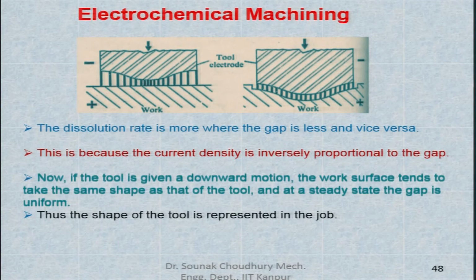I will once again repeat that electrochemical machining is one of the most popular processes, where the mechanism of material removal is by electrochemical dissolution. And as we have seen, in electrochemical machining material is removed from the workpiece and nothing happens to the tool material.